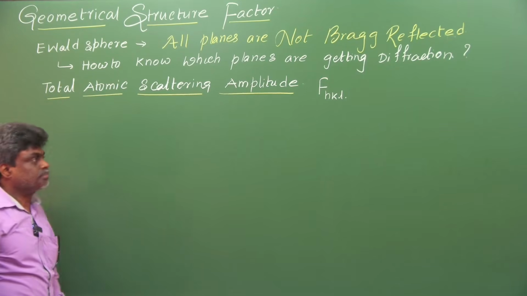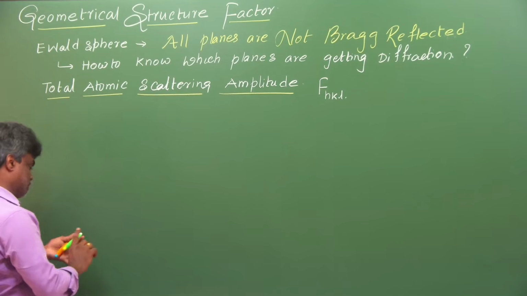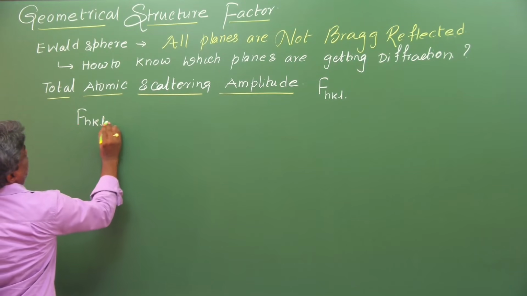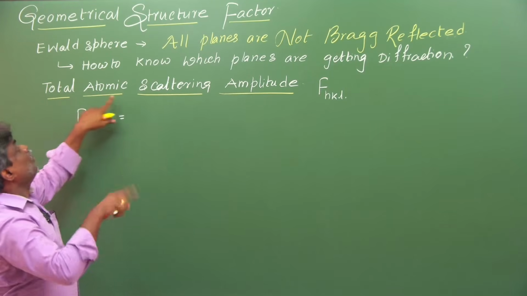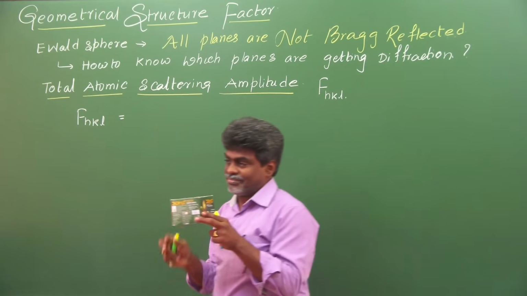Ready? Okay, what is this F_hkl? So the F_hkl is defined as the total. For example, this is the unit cell.